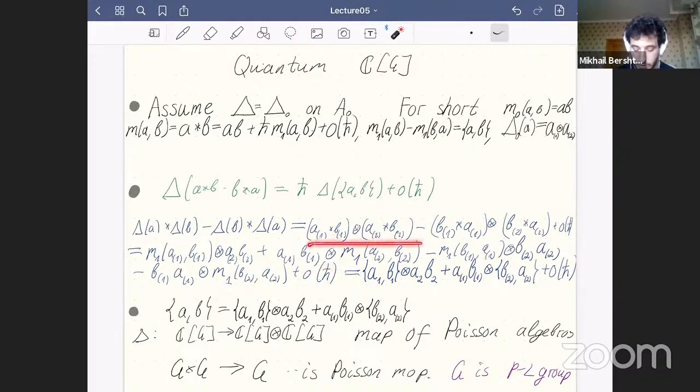So actually this sum will equal what's written here. So instead of each product, I substitute M1, one product, and another product. Instead of another product, I substitute M0 or just product. So I'm explaining this equality.